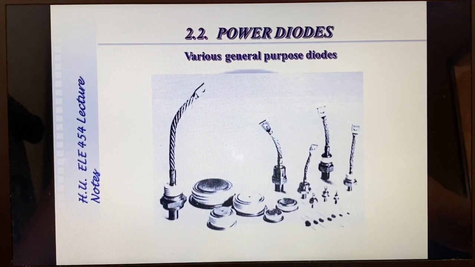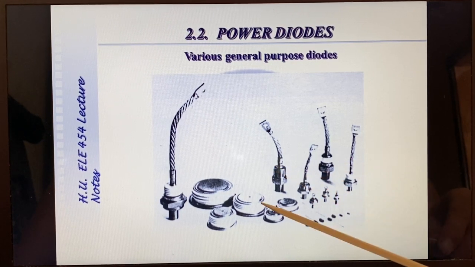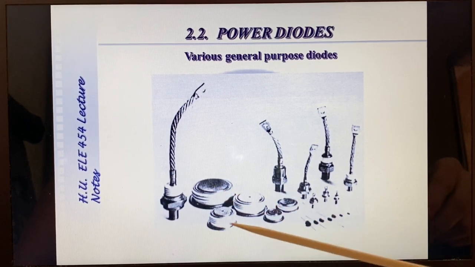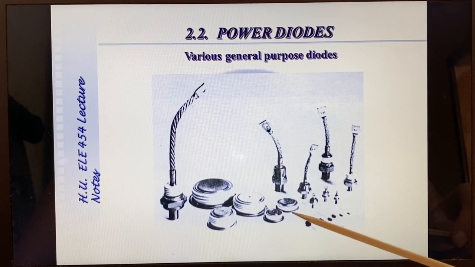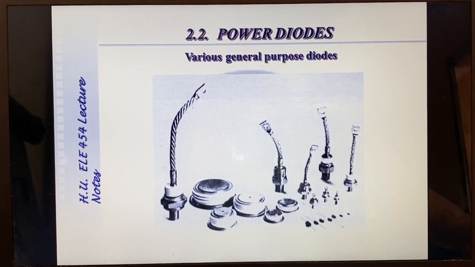Various general purpose diodes are available for power applications, either discrete packages, screw mounted packages, stud mounted packages, or disc types. As the size increases, you go from smaller packages to bigger ones.